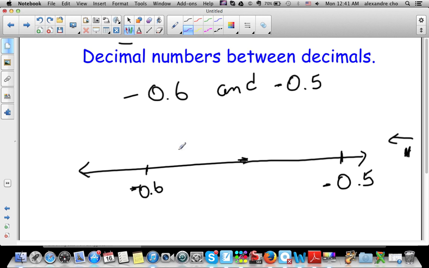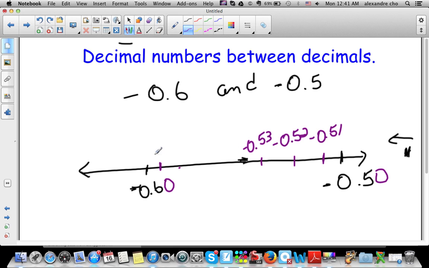So nothing changes, okay? Add a 0, add a 0. So your first number over here would be negative 0.51, negative 0.52, negative 0.53, and so on.